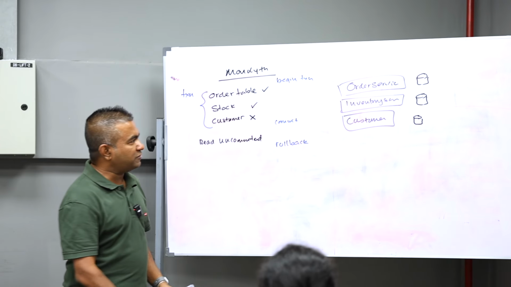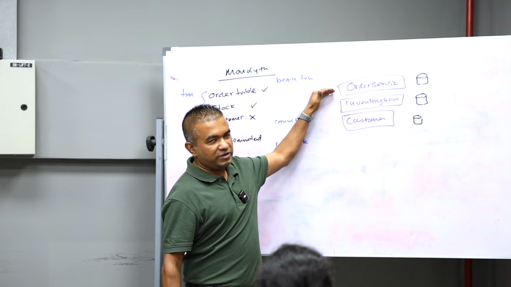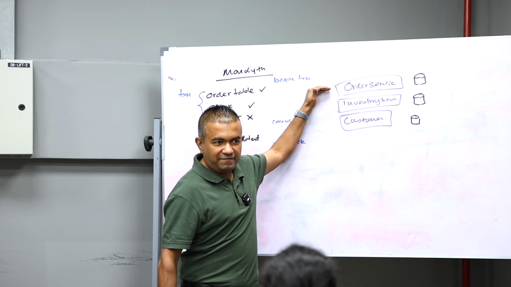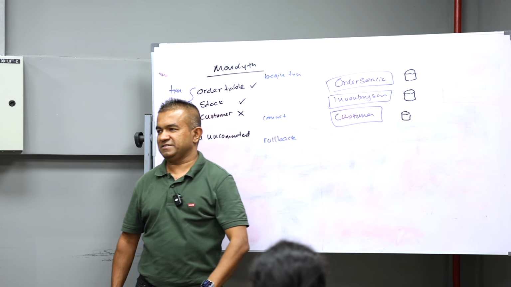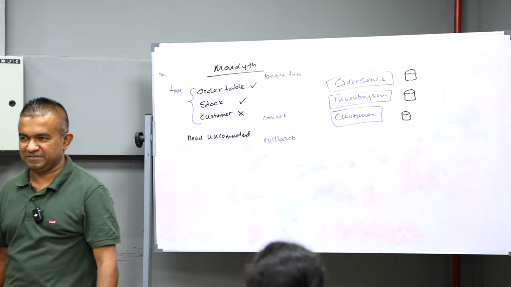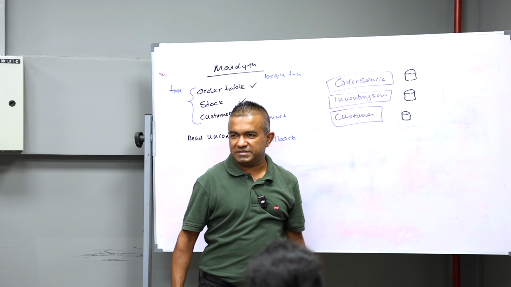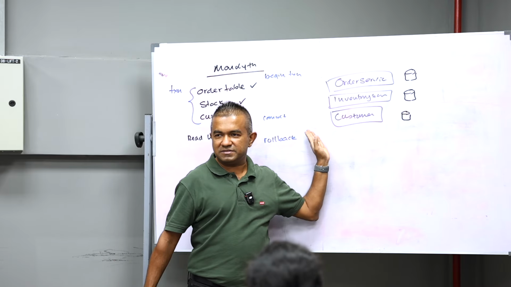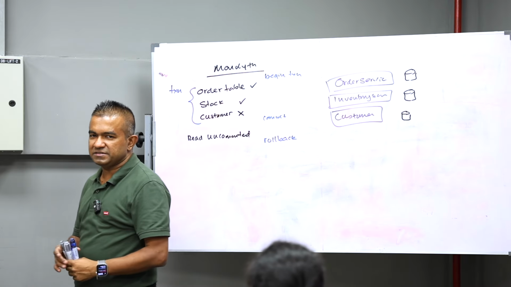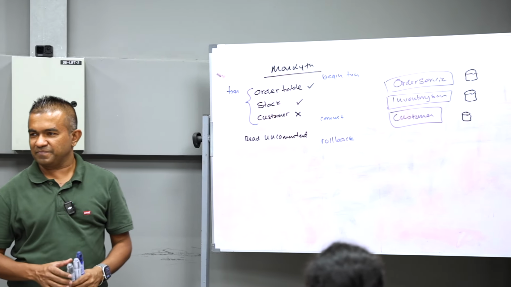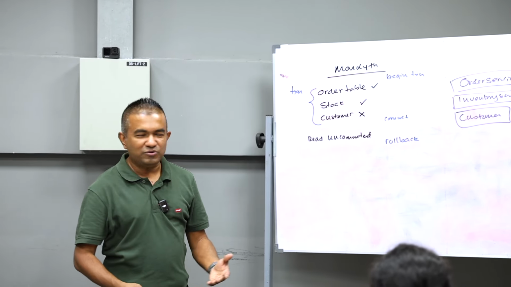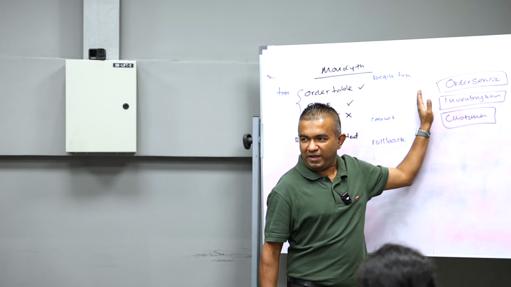Now you submit the order, saved in the order database. It is a different database. Now the inventory is saved in the inventory database. Now the request to the customer service fails. Now you cannot roll back. Why?